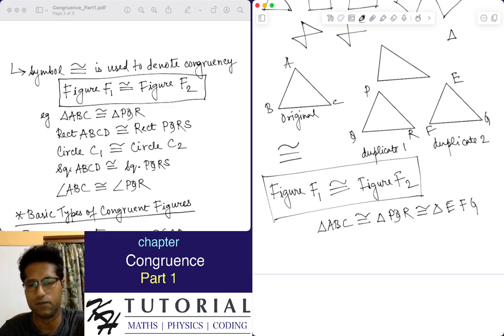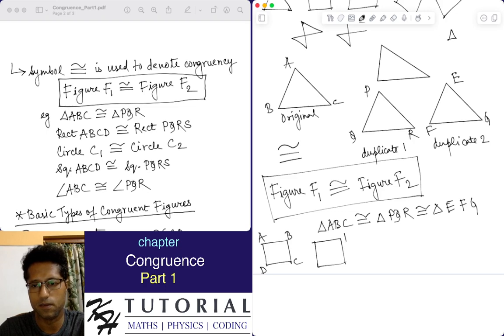Now if the figure is a square, let's say I have this square. I am doing a rough sketch. These figures are not perfect. So let's say I have A, B, C, D, and there is another square, P, Q, R, S, and if they are congruent, we will discuss how two squares are congruent. If they are congruent, since there is no symbol used as per the textbook RS Aggarwal for squares or any other figures, it is written in words.